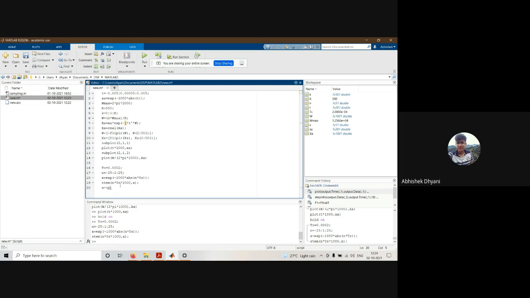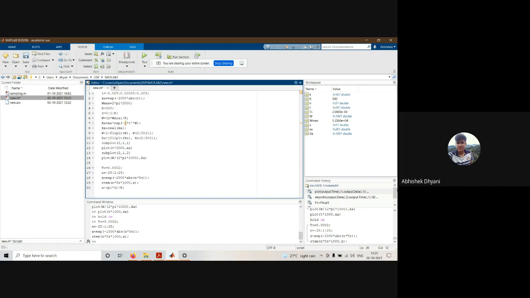The maximum value will be pi, so I write it as pi times small k divided by capital K. When k is 0, I get omega equals 0, and when k is equal to capital K, I get omega equals pi. So omega varies from 0 to pi, and later on I can flip it and convert it into minus pi to pi, right?